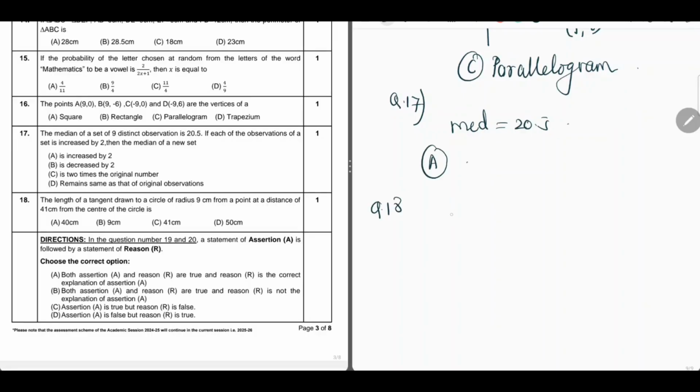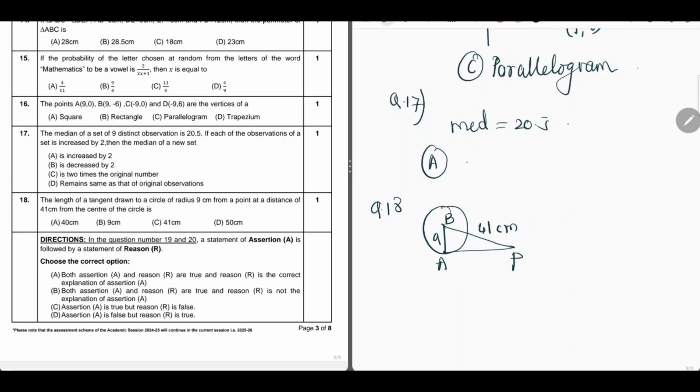The length of the tangent drawn to a circle of radius 9 from a point at a distance of 41 centimeter, then we have to find the length of the tangent. So that is AP.